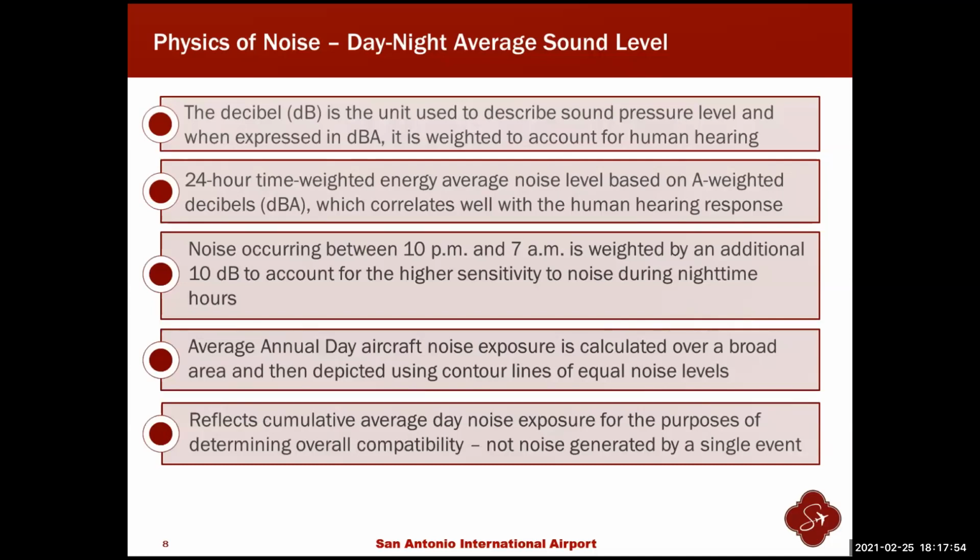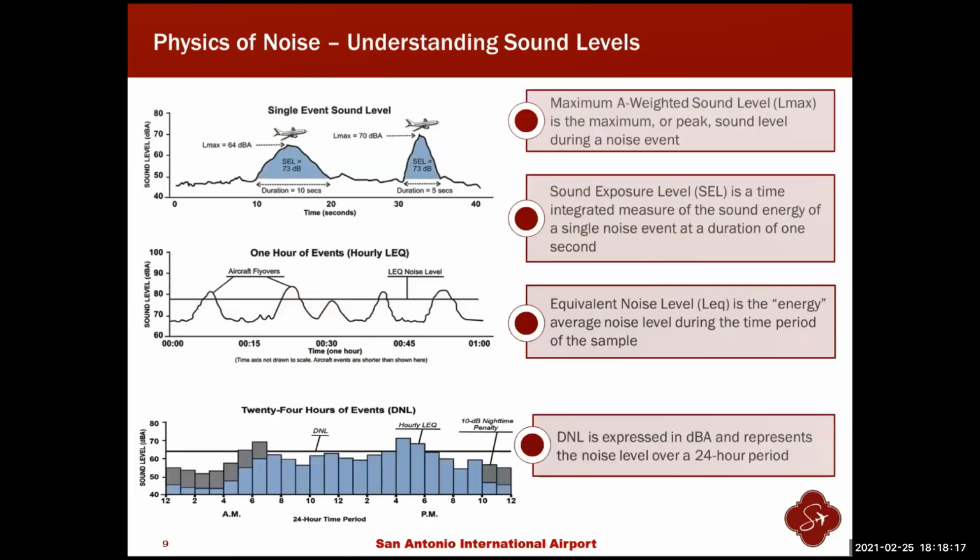To reflect the increased sensitivity to noise at night, DNL uses a 10 decibel weighting for nighttime events between 10 p.m. and 7 a.m. Because noise is measured on a logarithmic scale, this essentially weights each nighttime event as equivalent to 10 daytime events. Average annual day aircraft noise exposure is calculated over a broad area and depicted using contour lines of equal noise exposure.